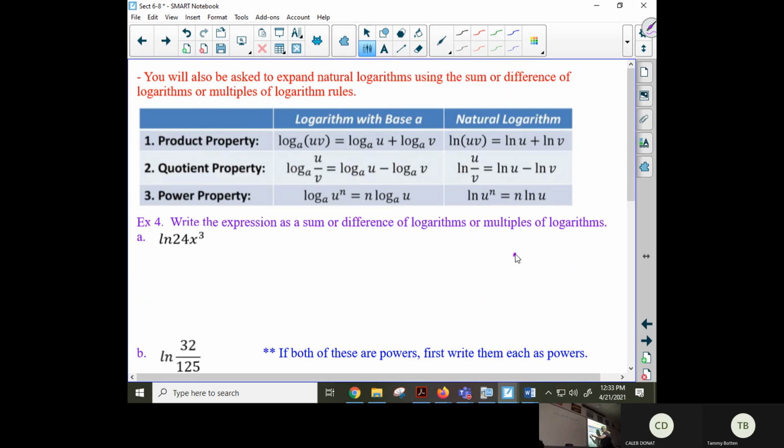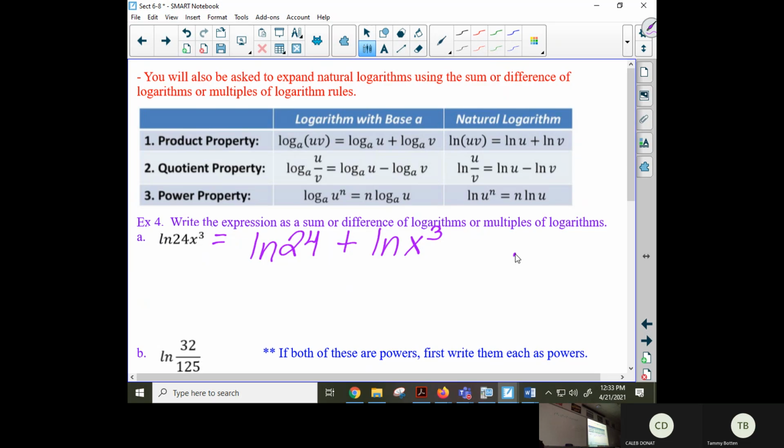Okay, so if you look here, do you guys get that this is the natural log of 24 times x to the 3rd? We want to break that apart, and the opposite of multiply is what? Add. So we're going to do natural log of that first thing, 24, plus natural log of x to the 3rd.